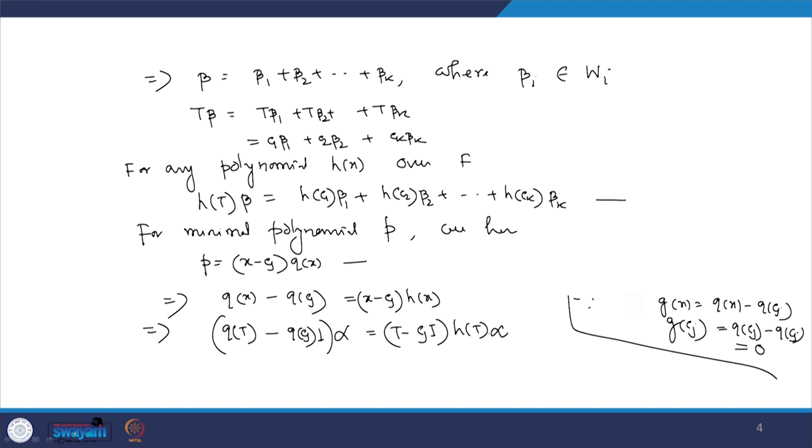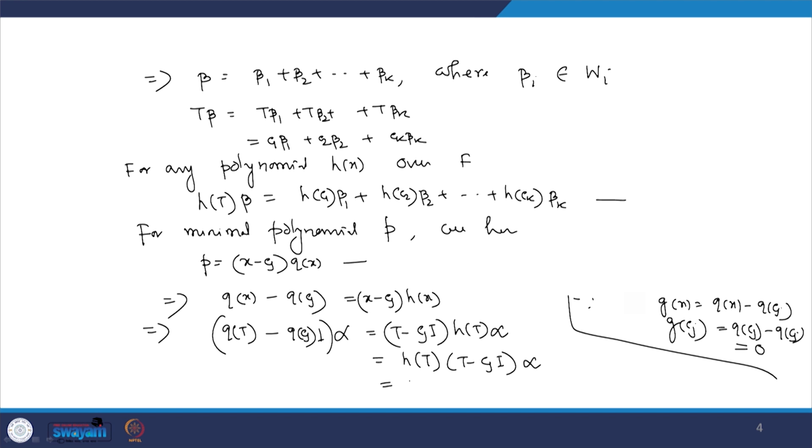So, Qt minus Qcj operating on alpha will be equal to this quantity, please. This is equal to, because this is an operator product, I can write these as commutative type: Ht into T minus Cj I operating on alpha. But T minus Cj I operating on alpha equals beta.